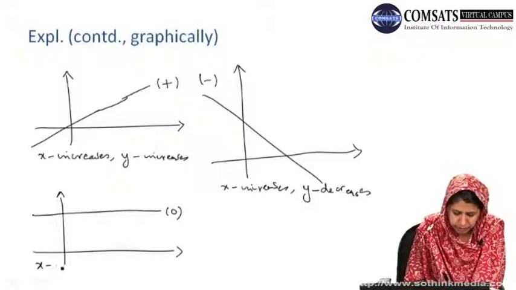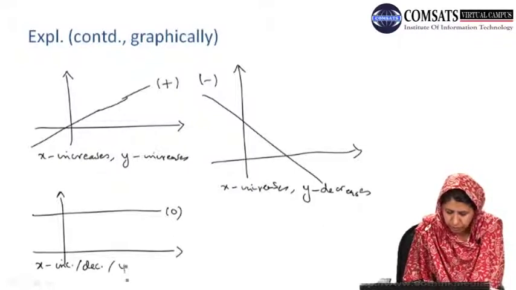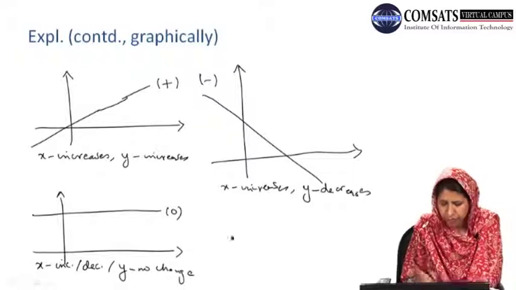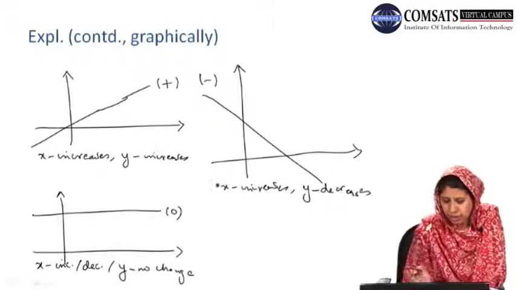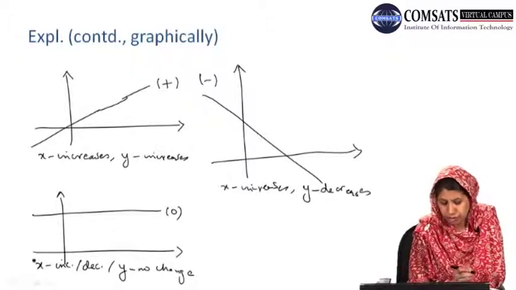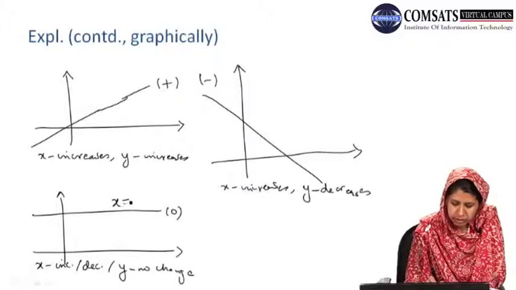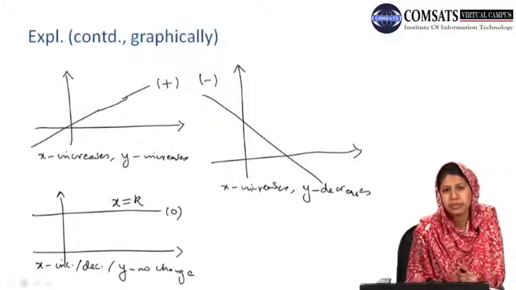That is, whether x increases or decreases, for the value of y, no change. If you recall our last lecture, we represented these types of lines with x is equal to k.